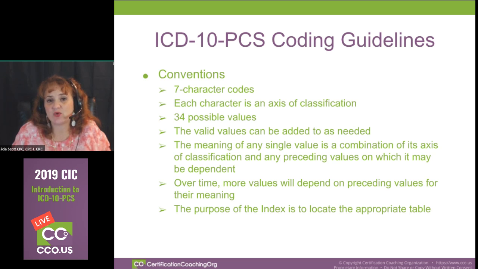If you remove an entire organ, it may not be this particular root operation, because this is defined as removing just a portion, or it's only procedures done on luminal body parts, which means it has to be tube-like. Over time, we can still expand, and the meanings may change just a little bit, but the index is going to get you to the proper table. That's clear.